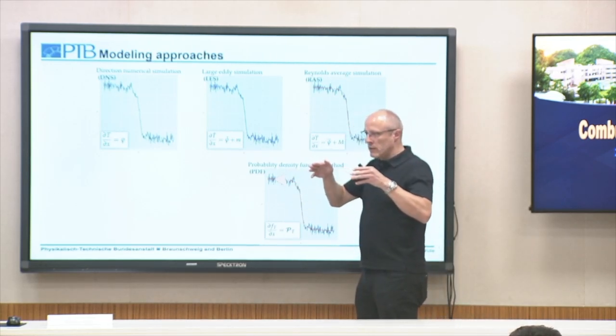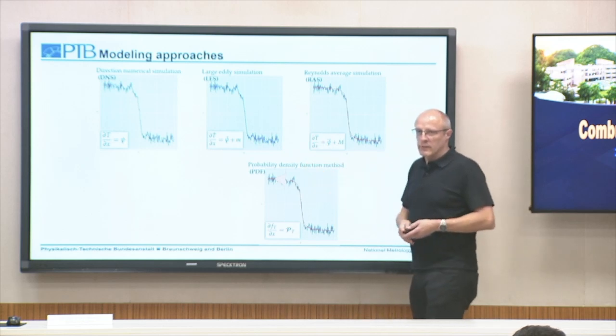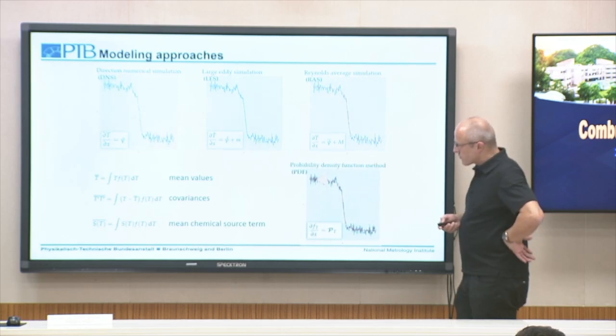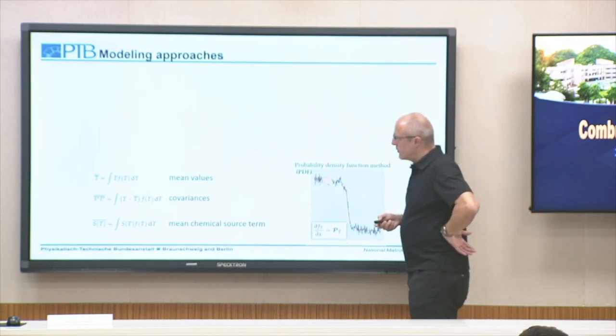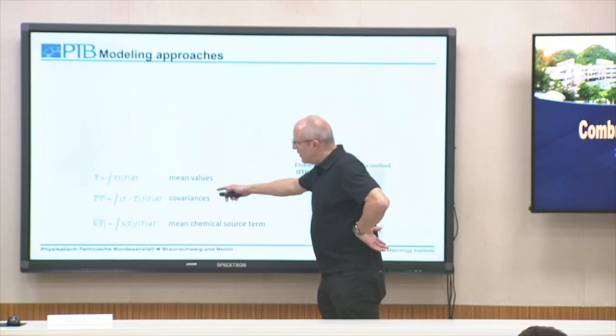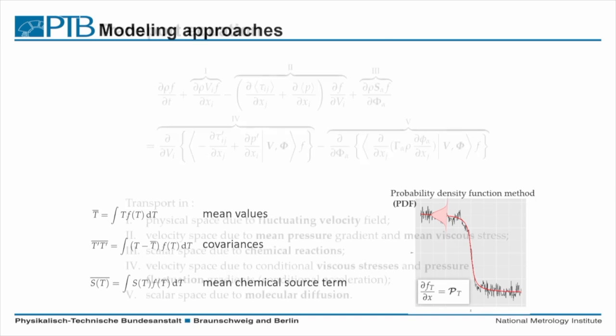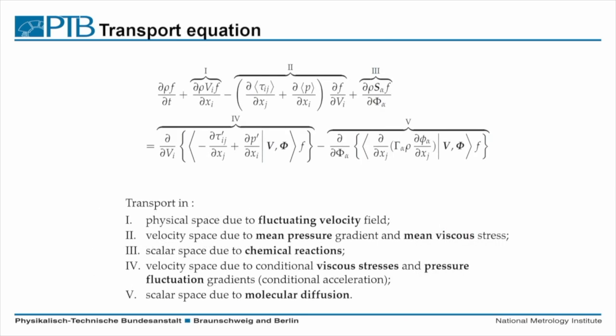We have an average value, and we have a variance of this value. So we have mean values, we have the covariances, and we also have to consider the chemical source term.